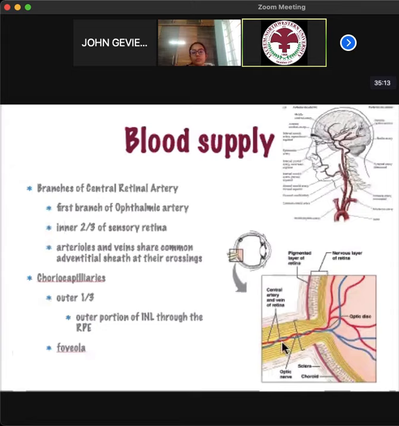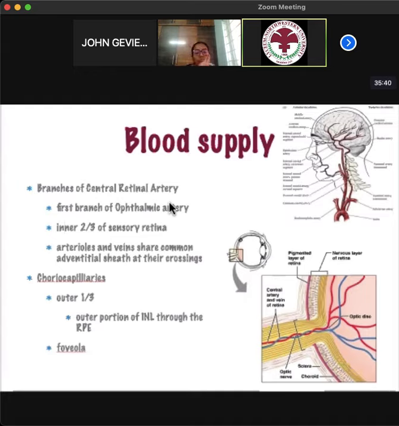So now let's review the blood supply of the retina. This is very important. The central retinal artery, which is the first branch of your ophthalmic artery, which is coming from what branch? Your ICA, your internal carotid artery.